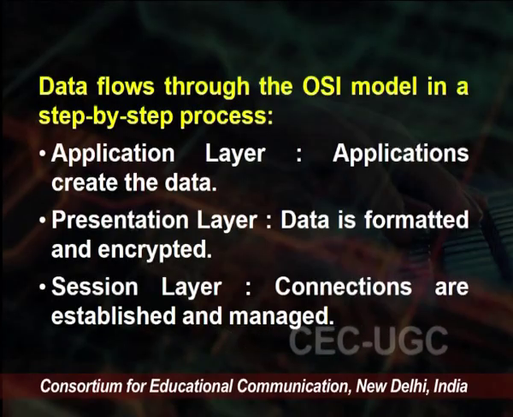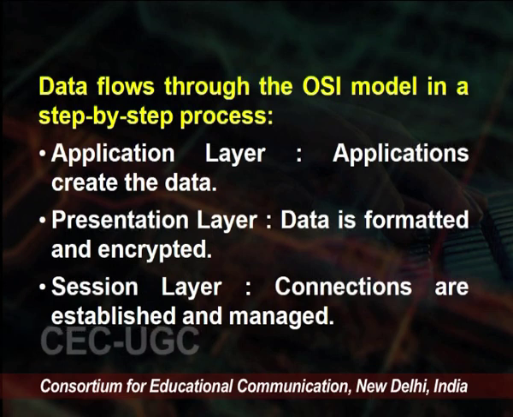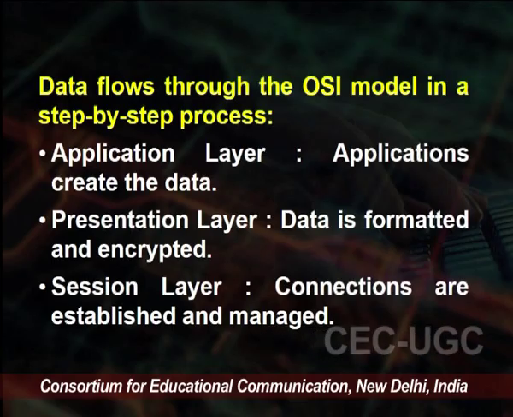So, in a step by step manner, these 7 layers are as follows. The application layer is the layer which actually creates the data. Then comes the presentation layer. Its basic function is formatting the data and encryption.